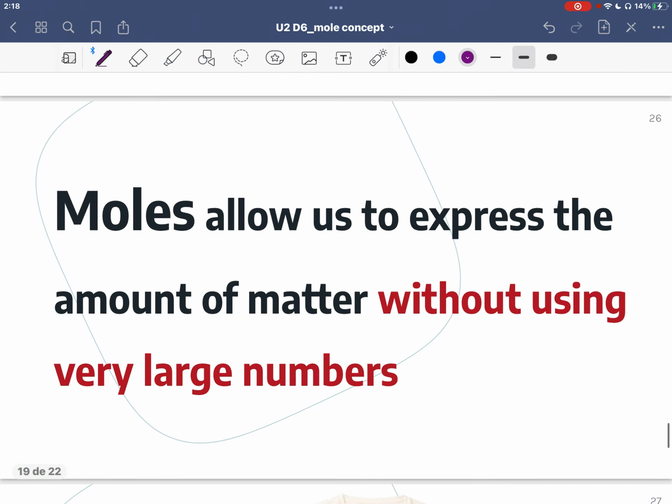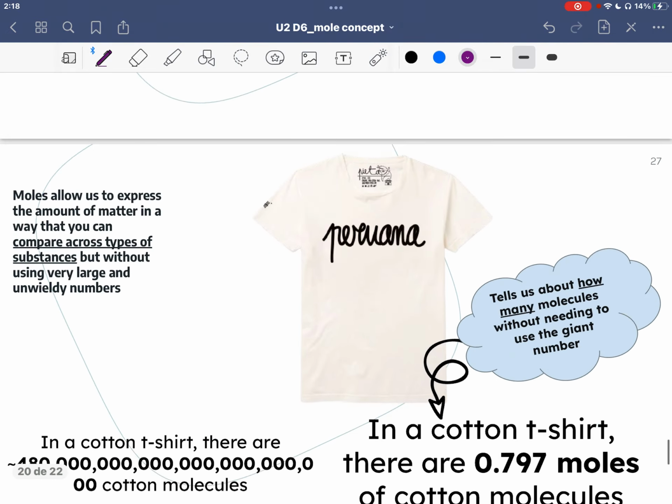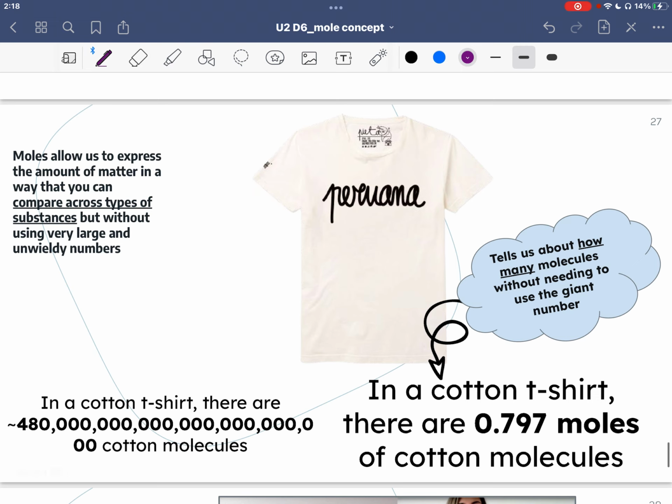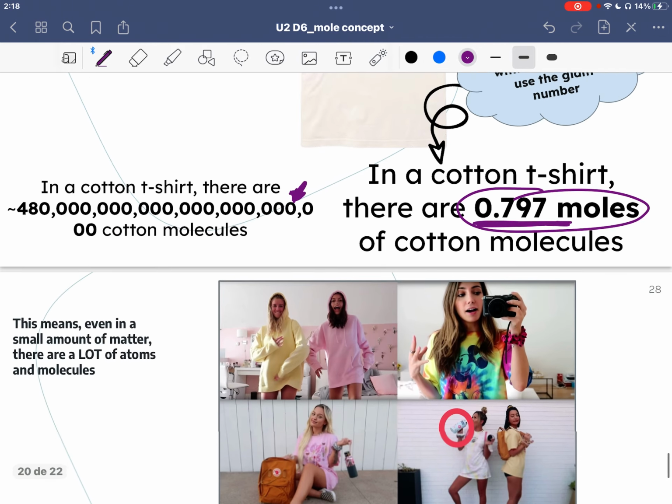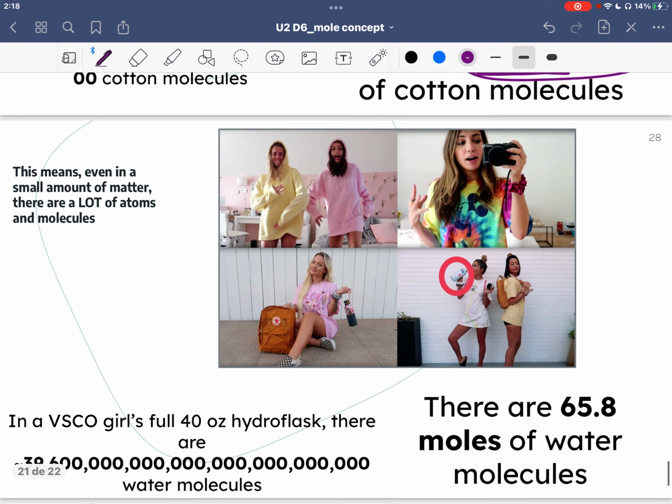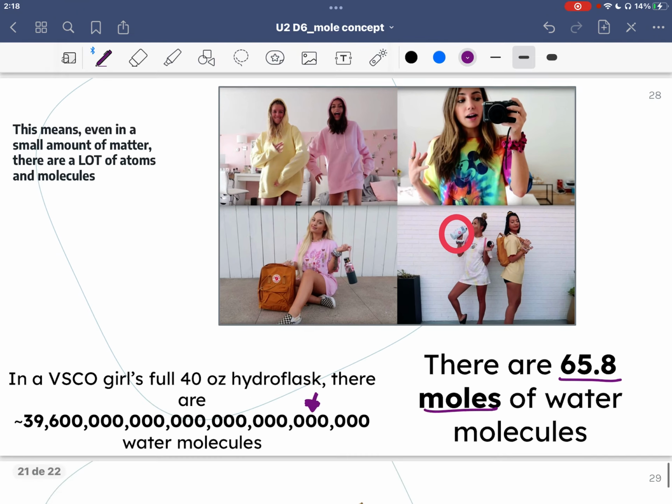So moles allow us to express the amount of matter without using those crazy big numbers. So for example, in this t-shirt, remember there were all of these cotton molecules? Well, that translates to 0.797 moles. This is a much more manageable number. Similarly, in the Hydro Flask, 65.8 moles, again, kind of a big number, but way more manageable than this monstrosity.